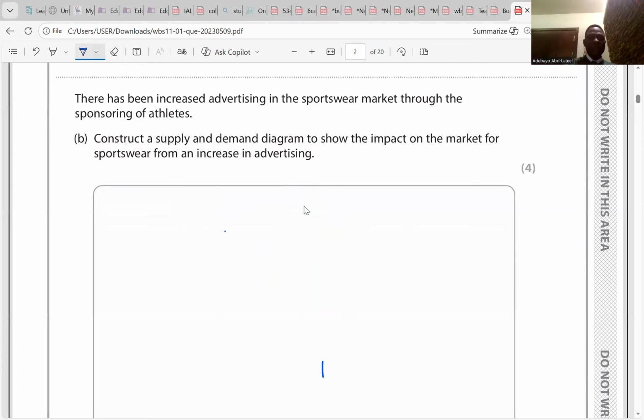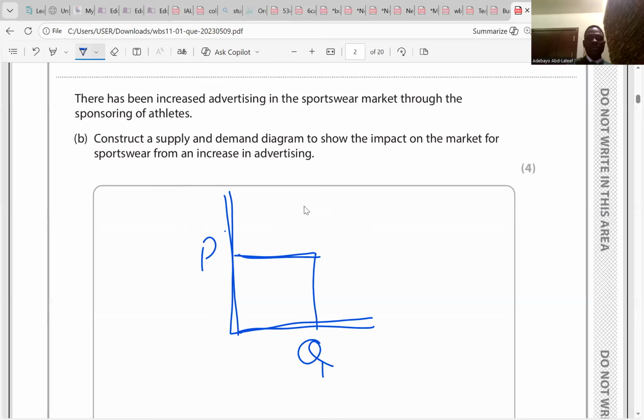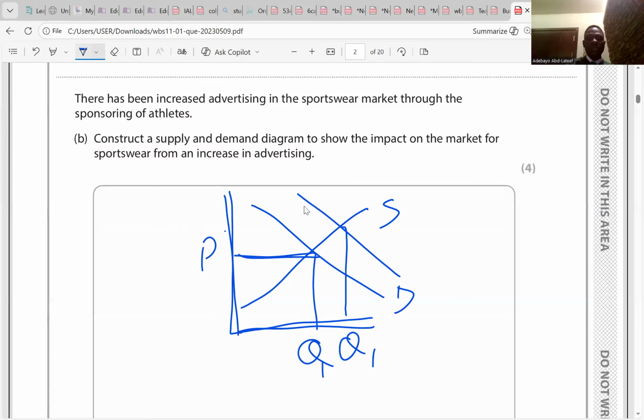Let's see. We have a demand curve. We have P, we have Q. We have demand and supply. An increase in advertisement will shift the demand curve rightward. We have Q1, and we have P1.